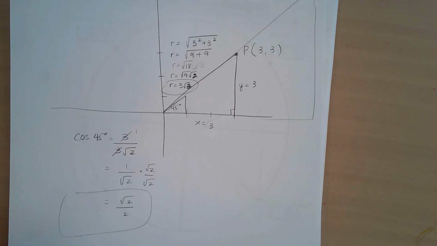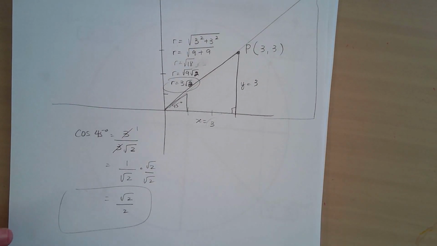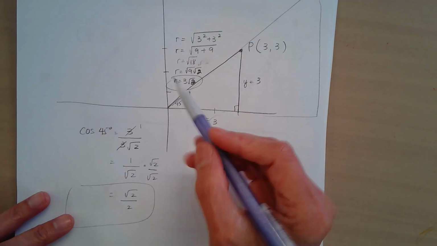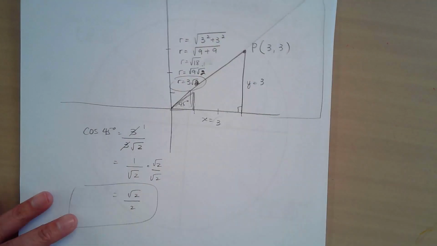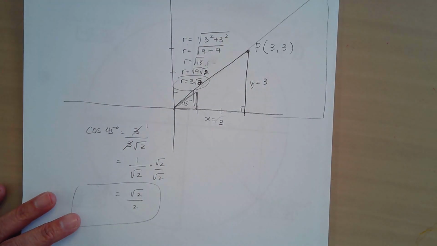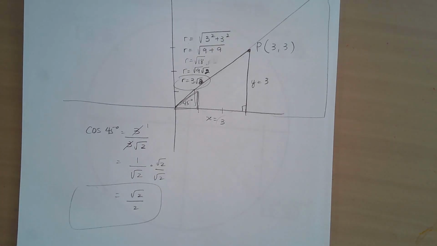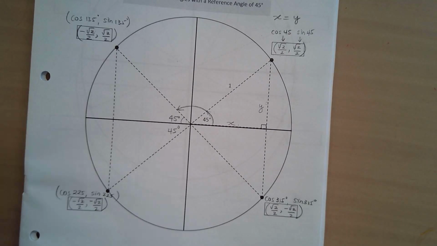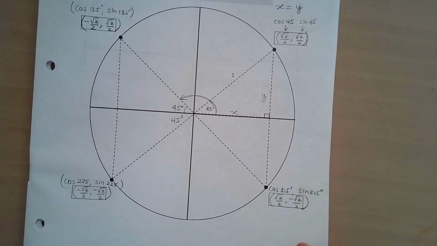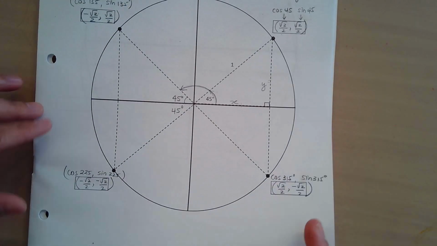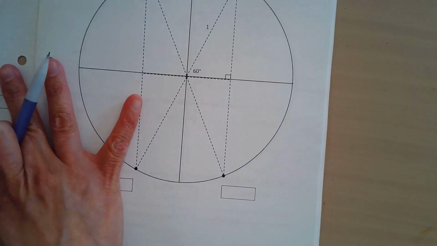The ratio between opposite and hypotenuse doesn't change as long as we keep that 45-degree angle there. Right? Mind-blowing. That's why sometimes I get excited about these. Right? Good? Okay. That's for that.